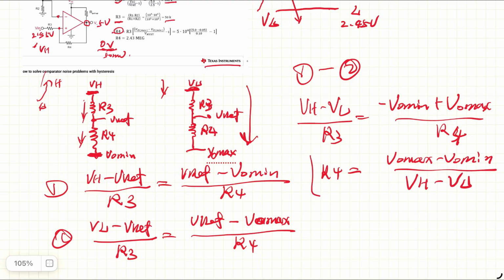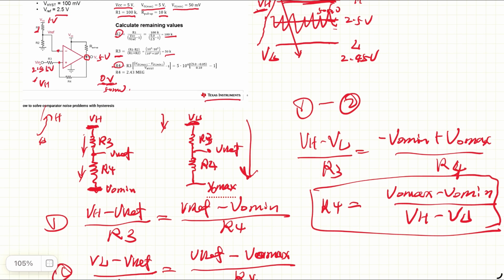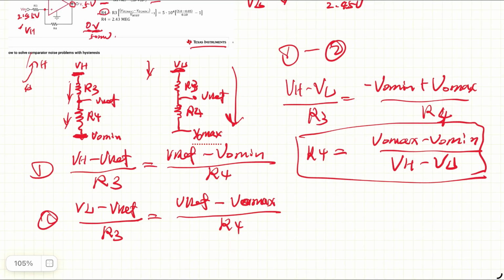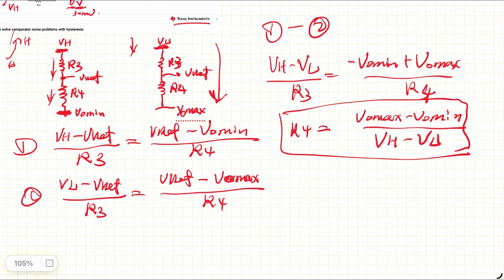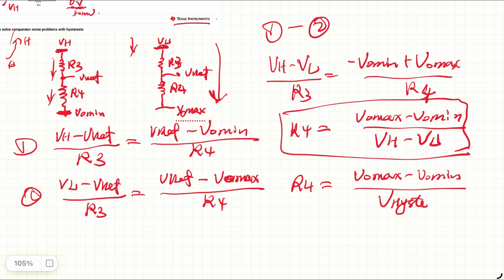And remember, if we look at the diagram here, V high minus V low is the value of hysteresis. So R4 could be V out max minus V out min over V hysteresis.